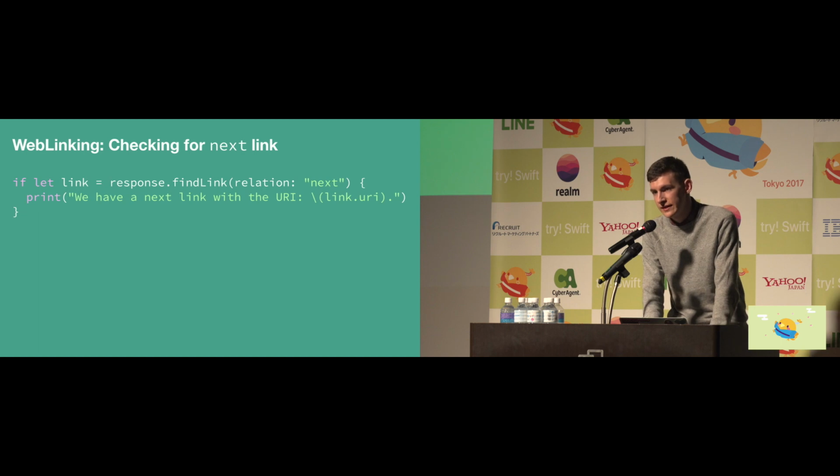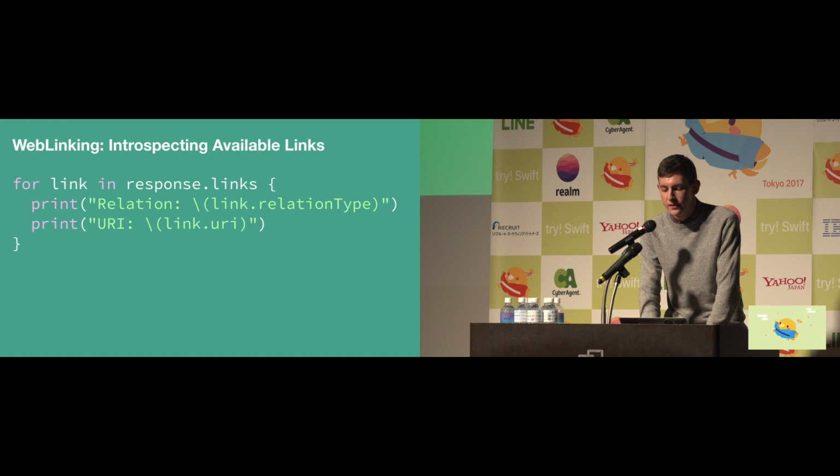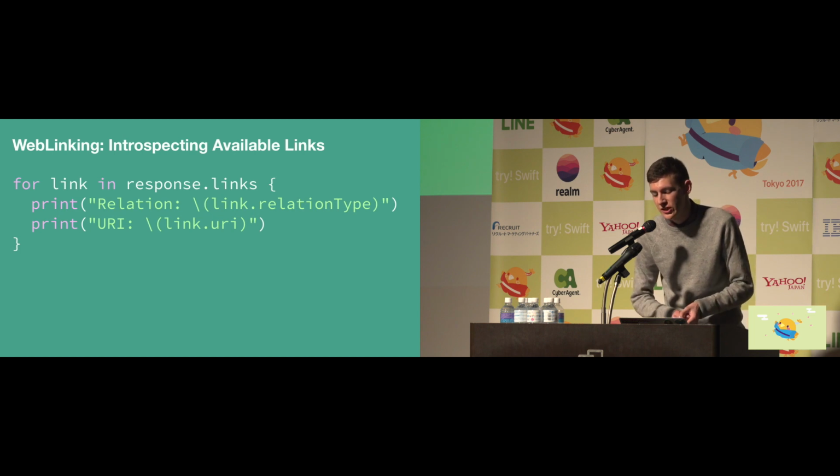And if there is no state that you can follow, you know there is no next page, so you're likely on the end. You may also introspect all of the available state transitions, which you could use to dynamically place buttons for a user in an application. So if you were to introduce a new feature in the API, it would immediately be available in the application without you changing a line of code.